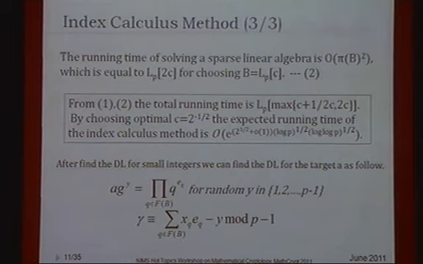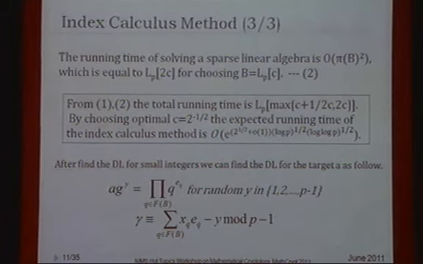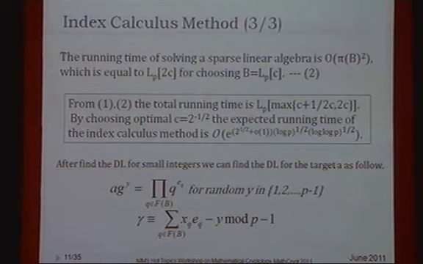From 1, the total running time of the index calculus method is LP max, c plus 1 over 2c. Then we make c equal to this number. Then it is a minimum, the optimal point. Then we can estimate this asymptotic complexity.